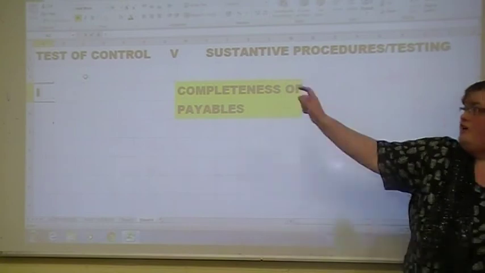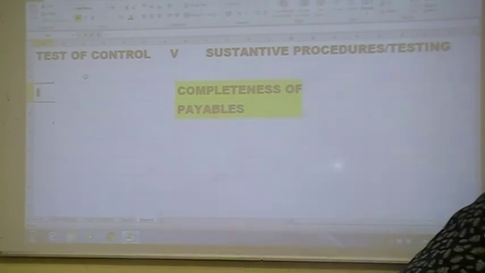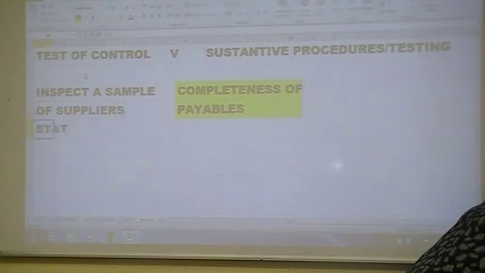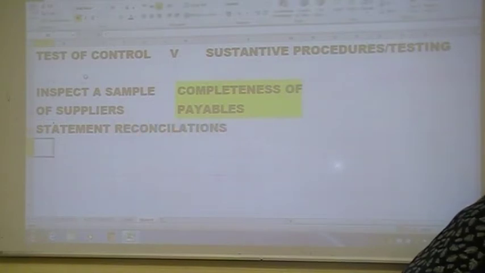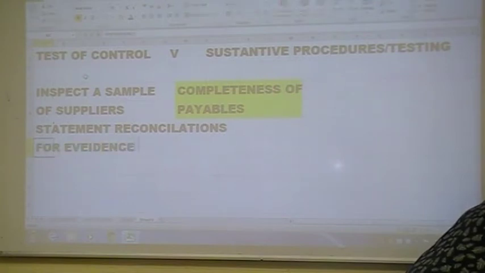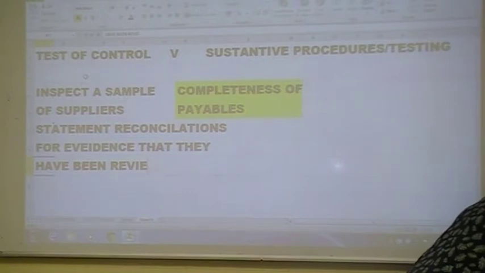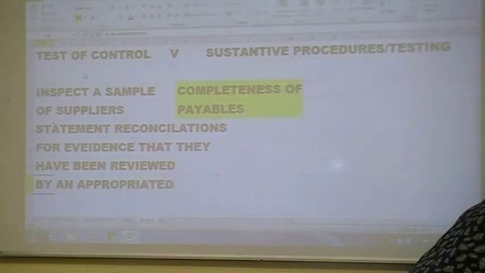So you have a little arrow now down from test to control. You have to inspect a sample of supplier statement reconciliations for evidence that they have been reviewed by an appropriate level of management.